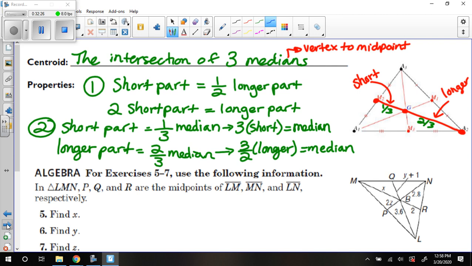One other thing I want to mention before tomorrow is that G is your center of gravity. So where all of those medians meet up, this is our centroid, which is the center of gravity.